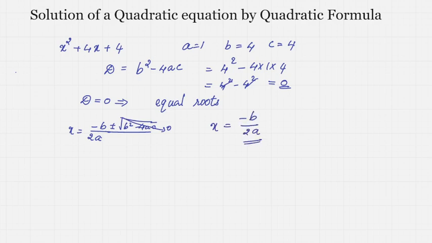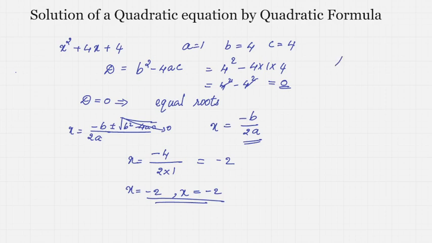This is the only root left. So x is equal to minus b, b is 4, so minus 4 divided by 2 into a, a is 1. So 2 into 1 is 2. We have x is equal to minus 2. Both the roots are x is equal to minus 2. So we have equal roots if d is equal to 0.